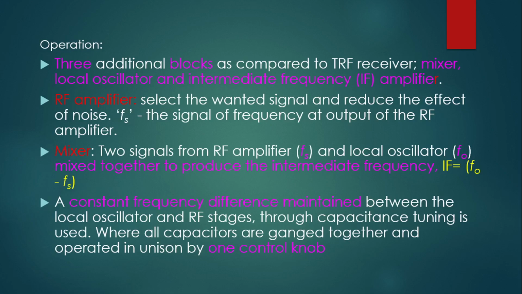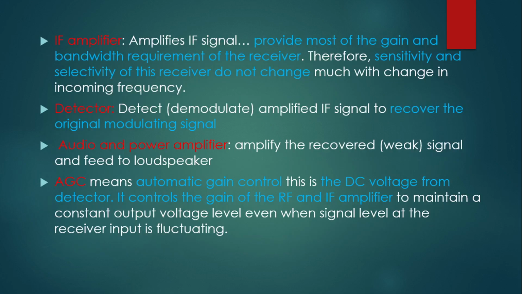Then the next block after the mixer is the IF amplifier. The IF amplifier amplifies the signal given by the mixer, which is at a lower frequency, that is IF, intermediate frequency. So this IF signal is amplified by the specific amplifier known as the IF amplifier. This IF amplifier consists of transformer coupled amplifiers and provides most of the gain and bandwidth requirement of the receiver.